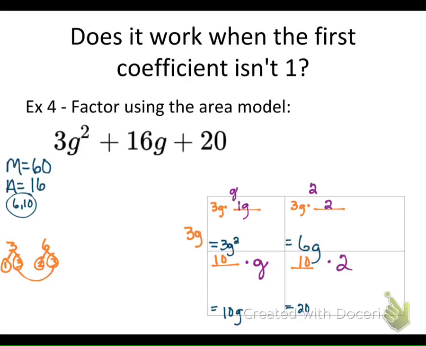What's my missing link? What is that thing called? Sorry, now your mouth's full. No, not the width. The height. All right. And my final answer is what here? 3G plus 10. Times, what's my width?